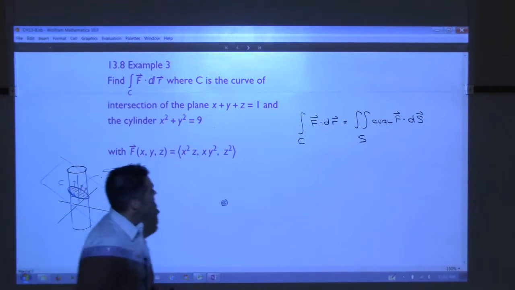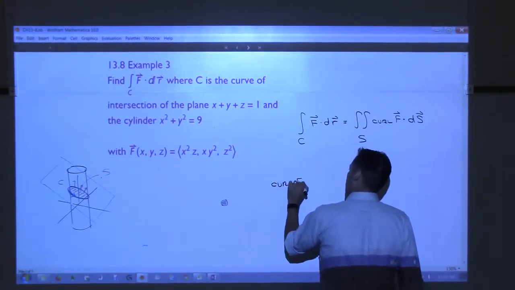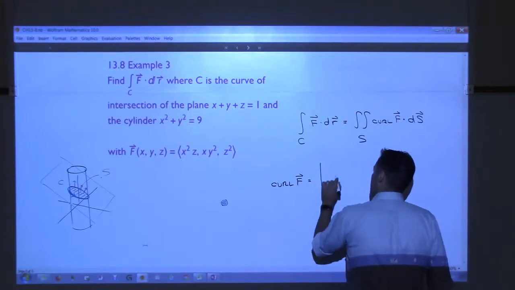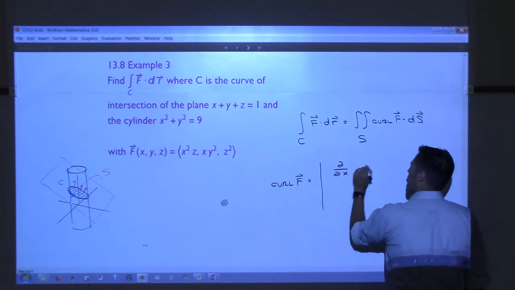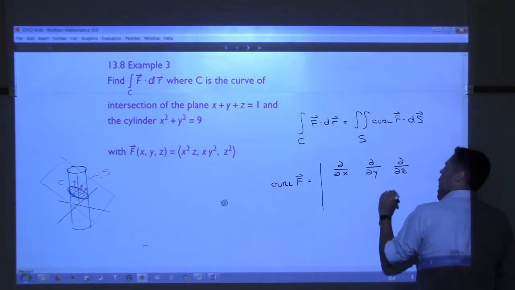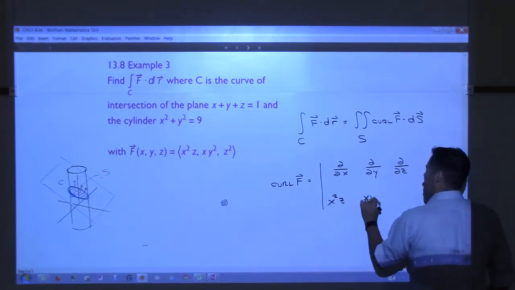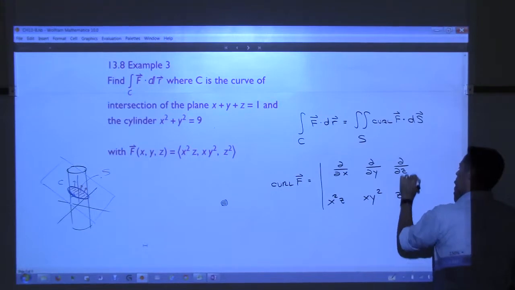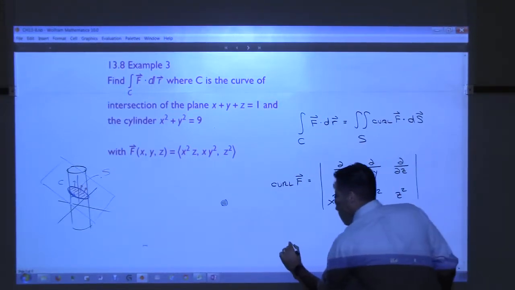Okay. All right, so let's compute the curl of F. The curl of F is going to be del crossed with F. So partial with respect to x, partial with respect to y, partial with respect to z, crossed with x squared z, xy squared, and z squared. This will give us a vector.